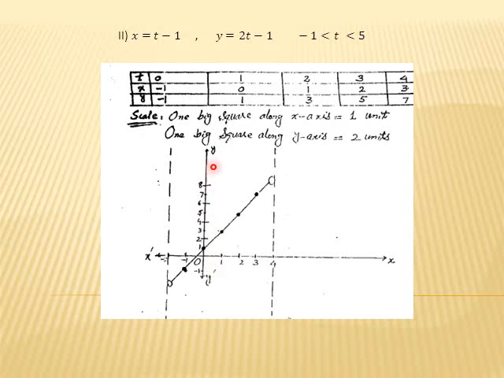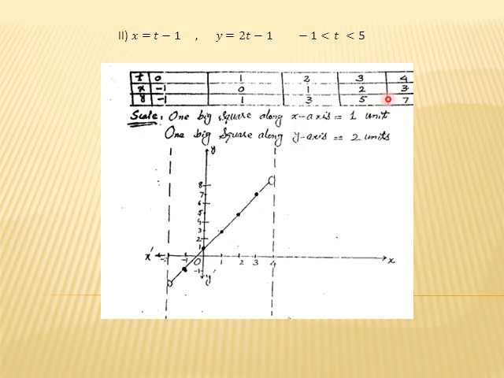Now look at this. This is the y-axis and this is the x-axis. Minus 1, 0, 1, 2, 3 on the x-axis and 1, 2, 3 and so on. Now from 0 minus 1 to minus 1, this is the point, minus 1 to minus 1, and on 1, 0 and y is equal to 1.